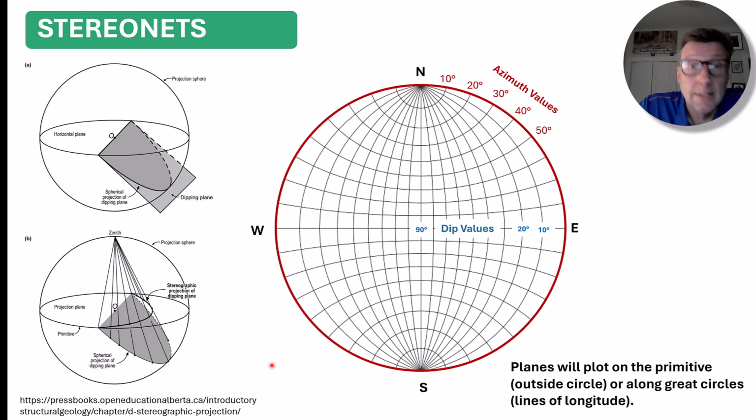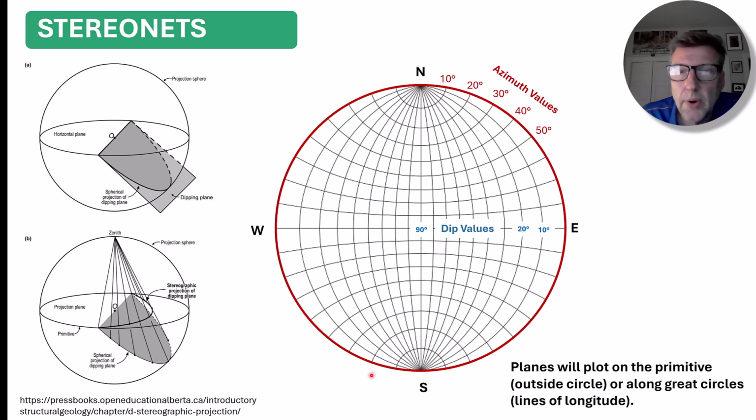Now, there are a couple of components to our stereonet. A stereonet is shown in this middle portion of the slide. We have a primitive circle, and that primitive circle is the outer edge of the stereonet. Azimuth values are plotted along the edge of the primitive circle.